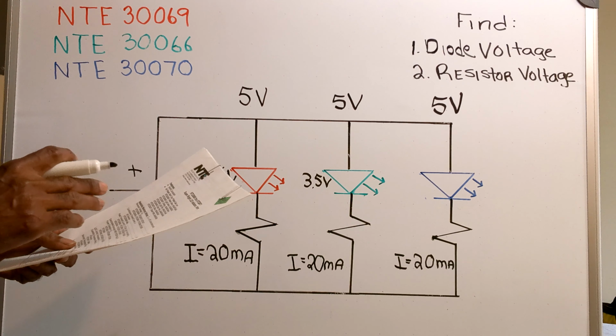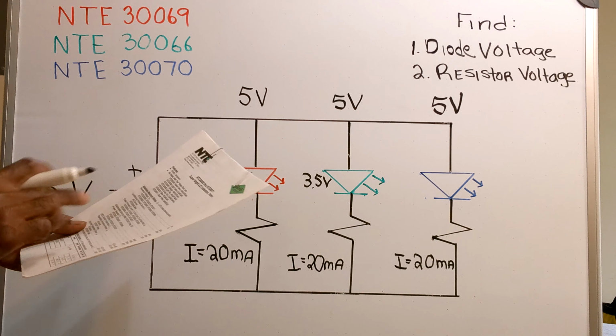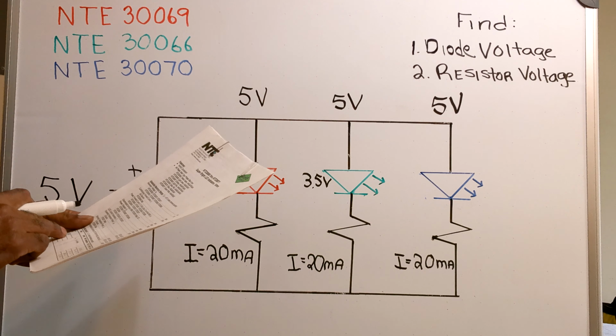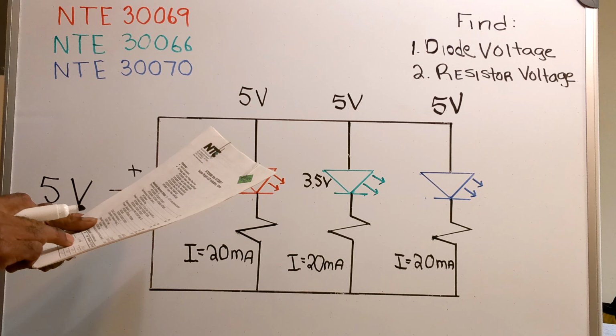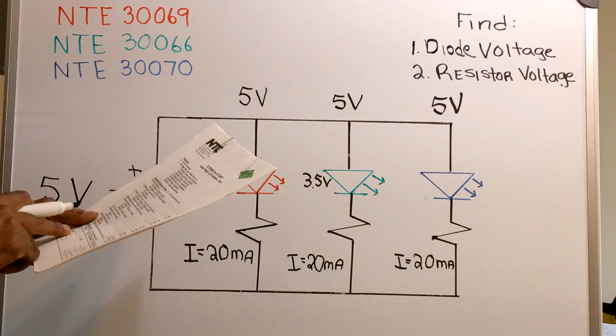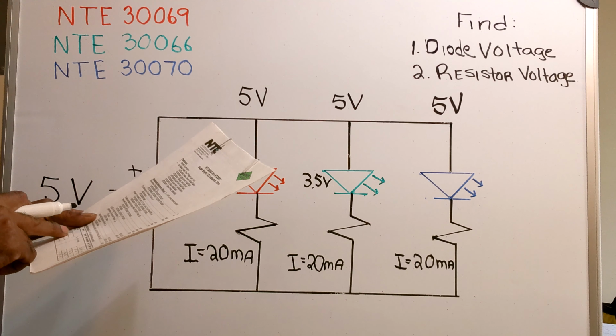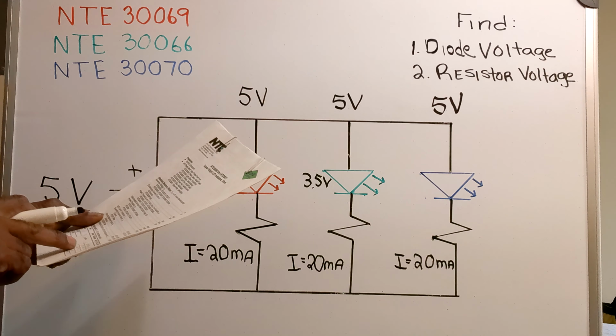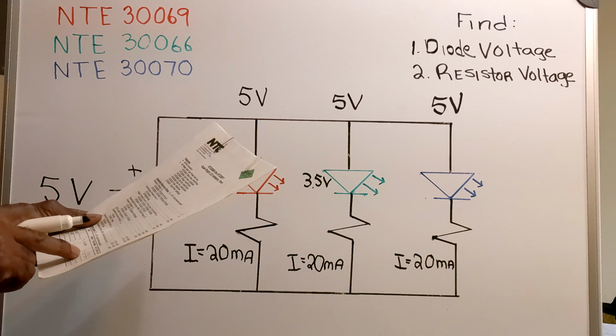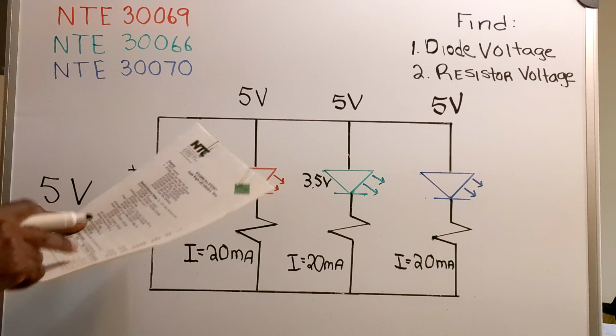And for the blue diode, for a current of 20 milliamps, the voltage across the diode would also be 3.5 volts.